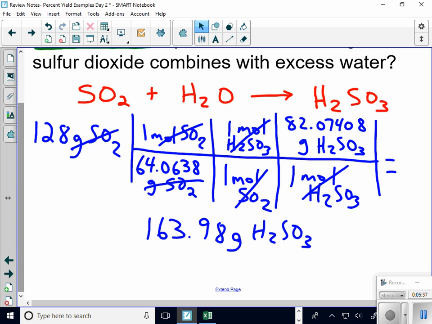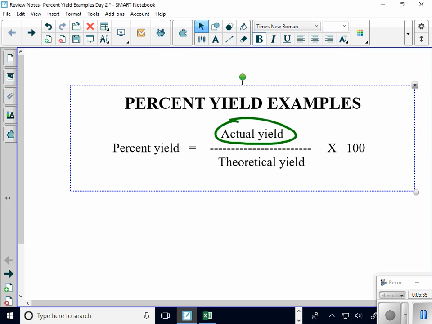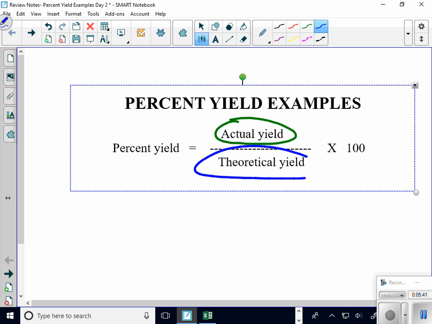Now, I've got my theoretical yield that I just calculated. So, I'm going to take my actual yield, which is 125 grams.